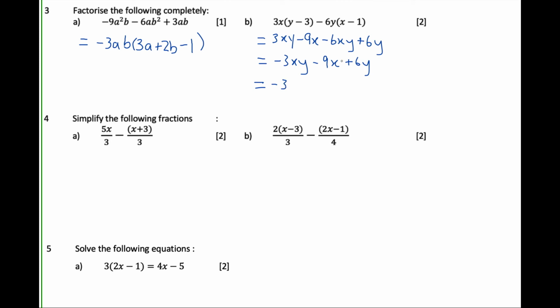There are no common factors of xy and no common factor of x and y, so we put them in the brackets. We have taken out negative 3, so leaving behind xy. We have taken out the negative, so this is positive. And we have taken out 3, so left 3x. And we have taken out the negative sign, so leaving behind negative 2y.